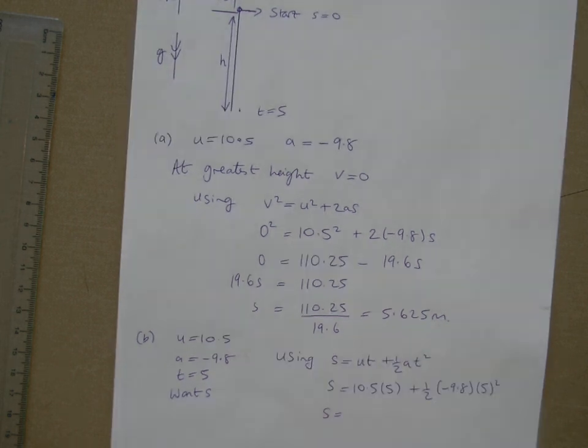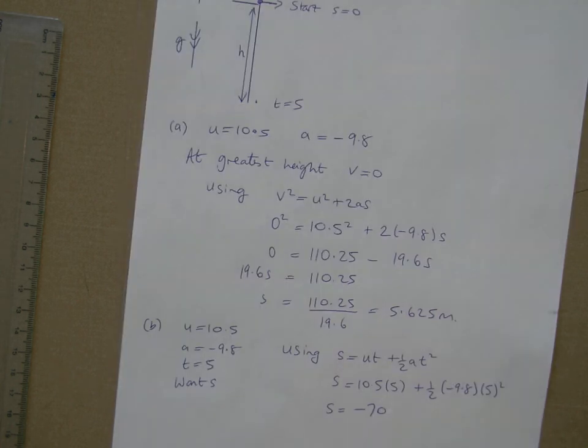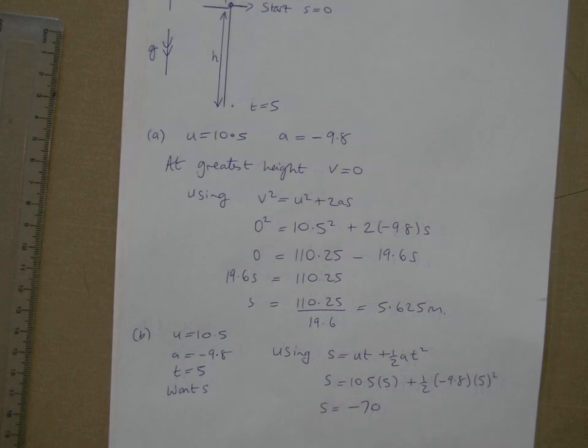If I plug that into my calculator, I will get minus 70. And that's okay. We can have a minus, because remember, s measures displacement, so it's not only distance, it's the direction as well.